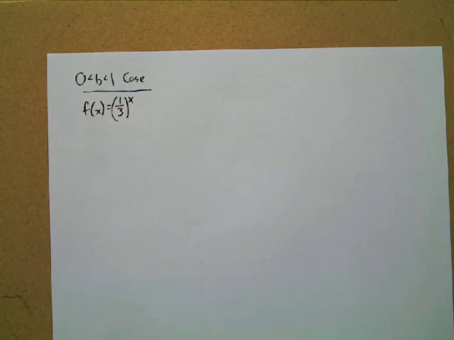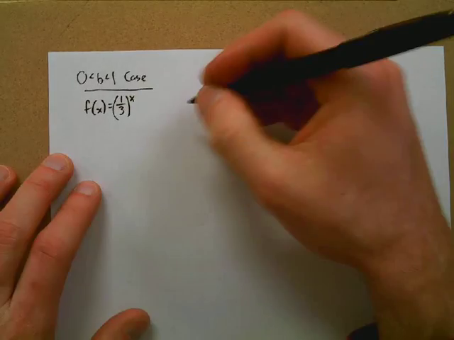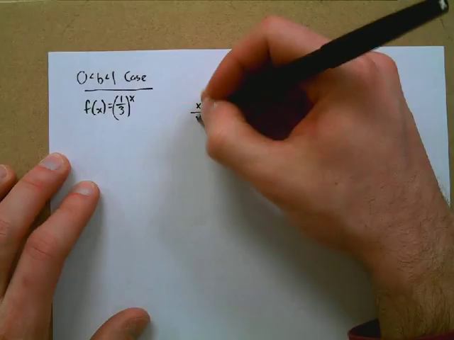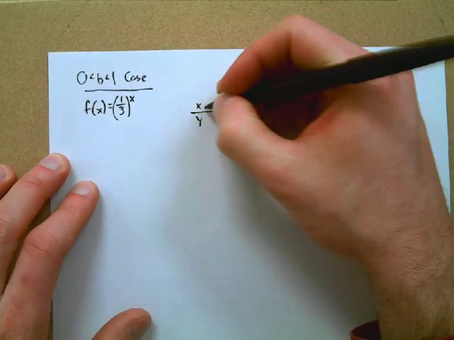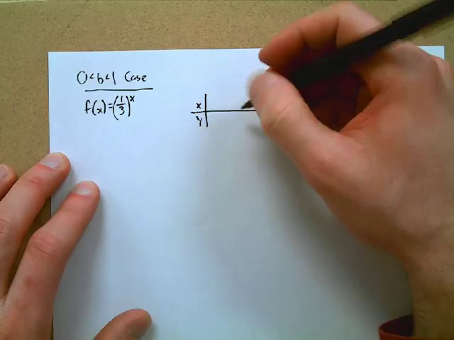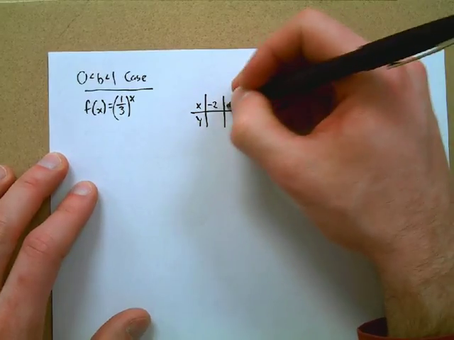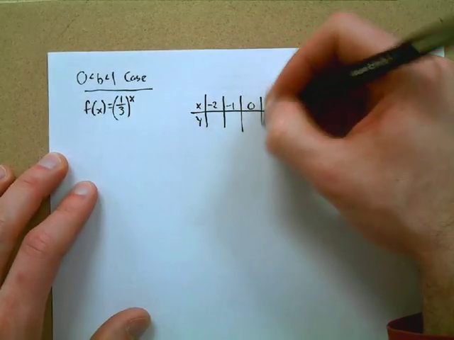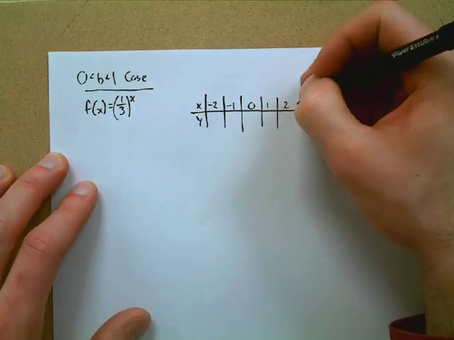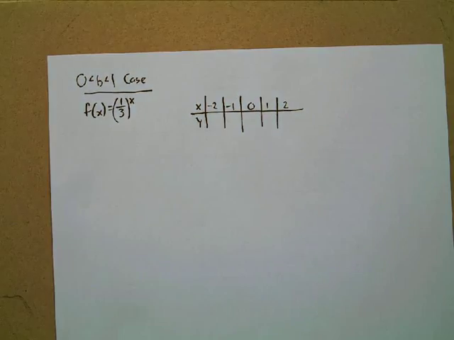So again, let's make a table here. Okay, and again, we'll go from like -2 to 2, or something like that. Again, you don't want to pick too big a number, because it's going to just get out of control.